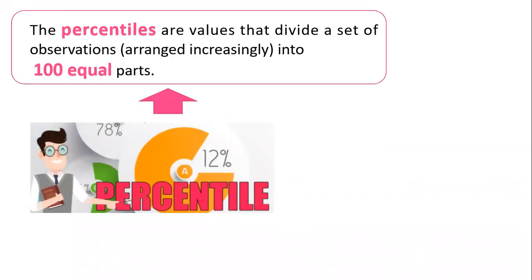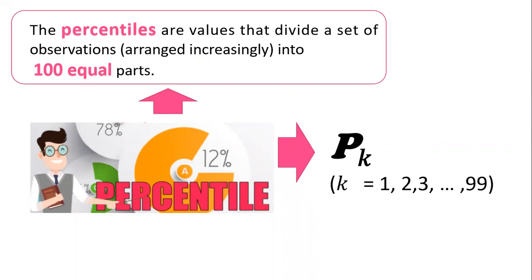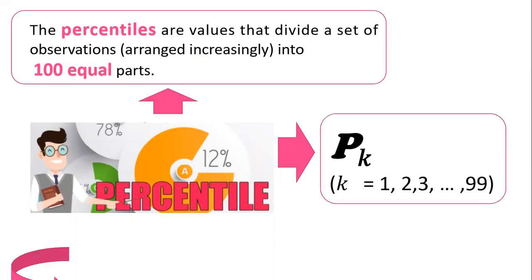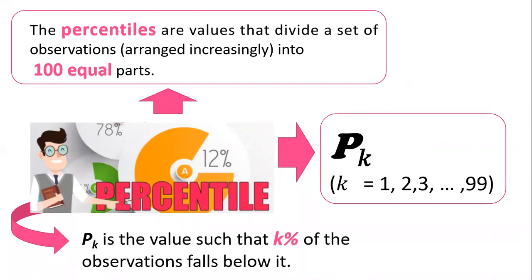The percentiles are values that divide a set of observations arranged increasingly into 100 equal parts. Percentile is denoted by P sub k. K ranges from 1 up to 99. The kth percentile is interpreted as the value such that k% of the observations fall below it.